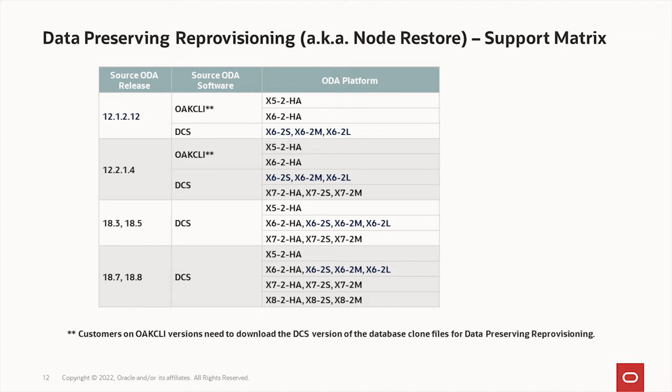You will be able to download either the Oak CLI version of the clone files or the DCS clone files, because it is on the latest release. So you will need to use the clone files from the DCS version for the new database home. Just a reminder when your customers use this no restore function.